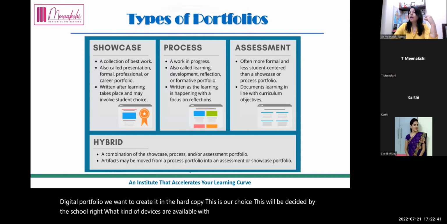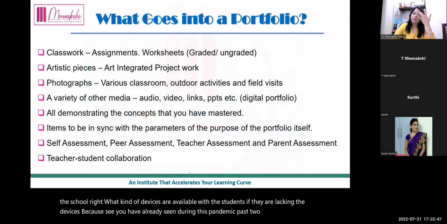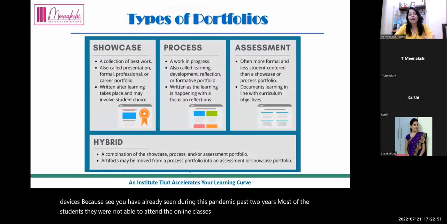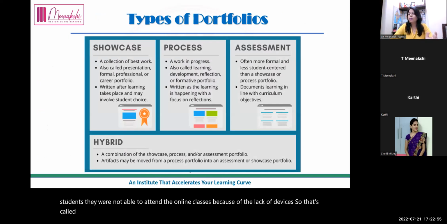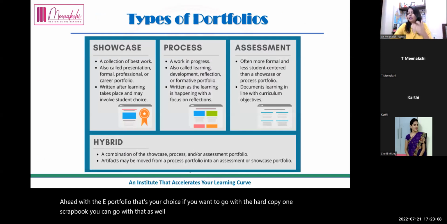You have already seen during this pandemic, the past 2 years, most of the students were not able to attend the online classes because of the lack of devices. That's called the digital divide. So we gave a choice to the students: if you want to go ahead with the e-portfolio, that's your choice; if you want to go with a hard copy, a scrapbook, you can go with that as well. That is entirely an organization's choice.